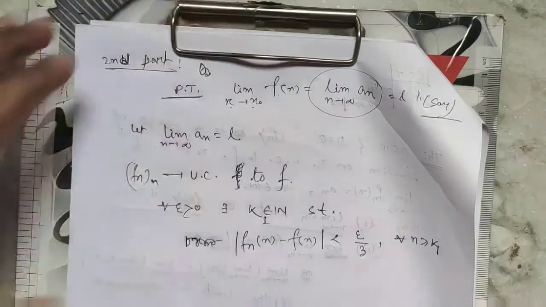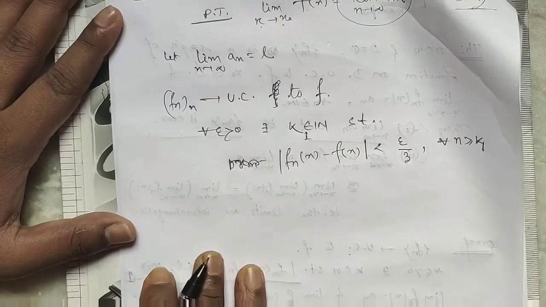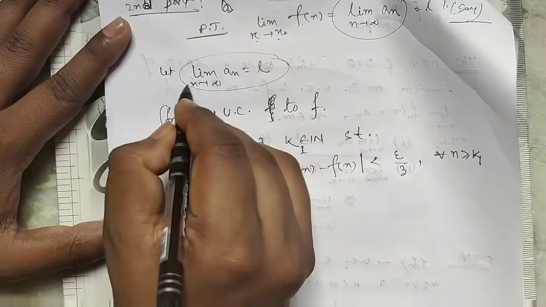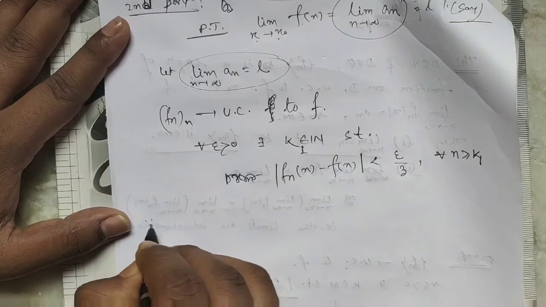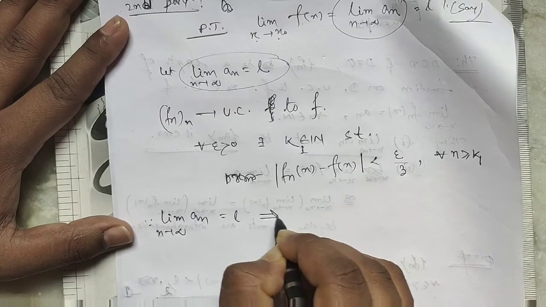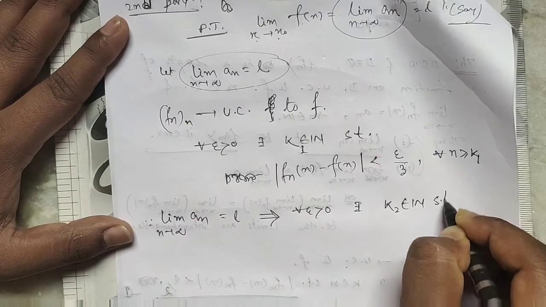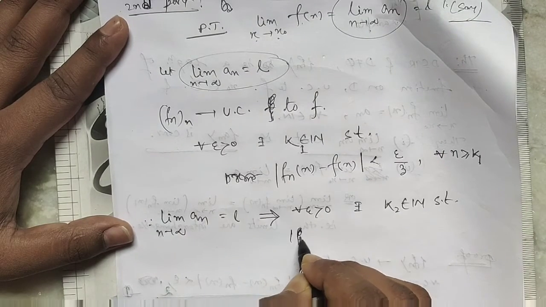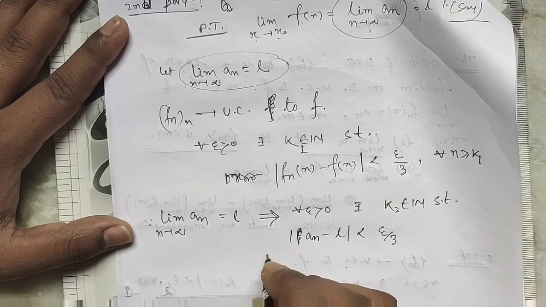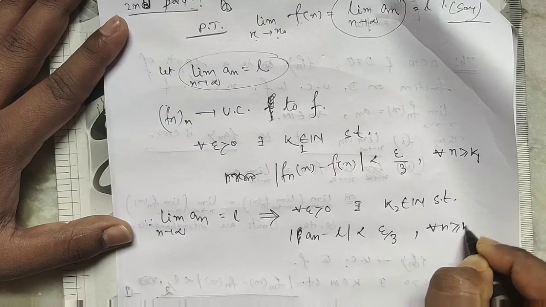Now since the limit of an equals L, this implies for each epsilon greater than 0 there exists k2 belonging to N such that mod of an minus L is less than epsilon by 3, where we also choose epsilon as epsilon by 3, for all n greater than or equal to k2.